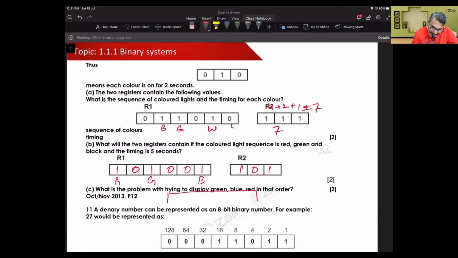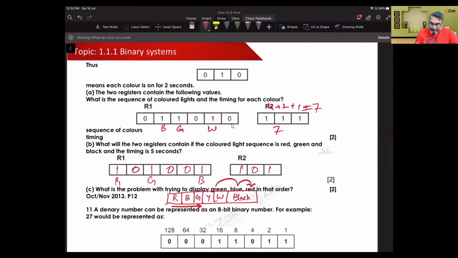Actually, if you could see, this is actually red, blue, green, yellow, white, and black. So if the computer reads it, the computer will read red, blue, green. And what they are asking is why the computer cannot read from green to blue to red.